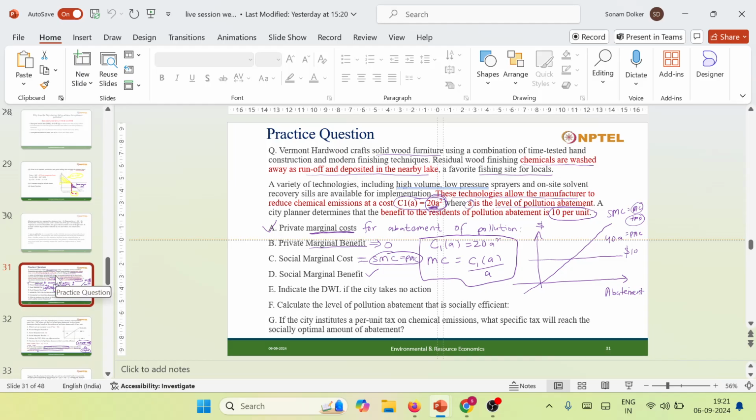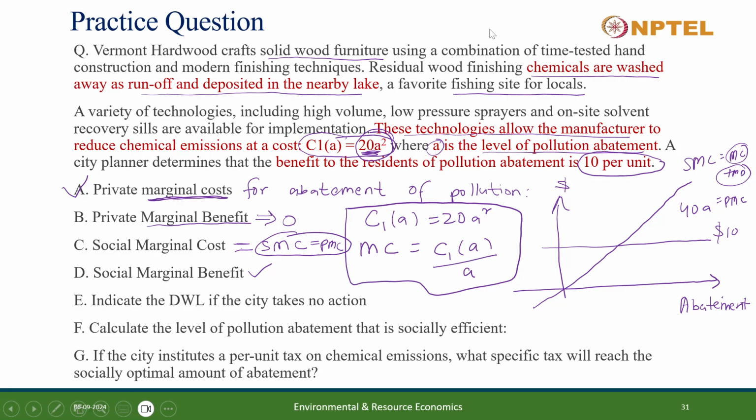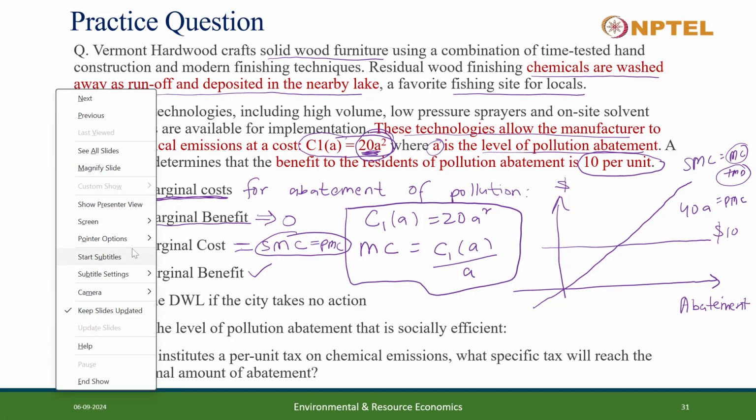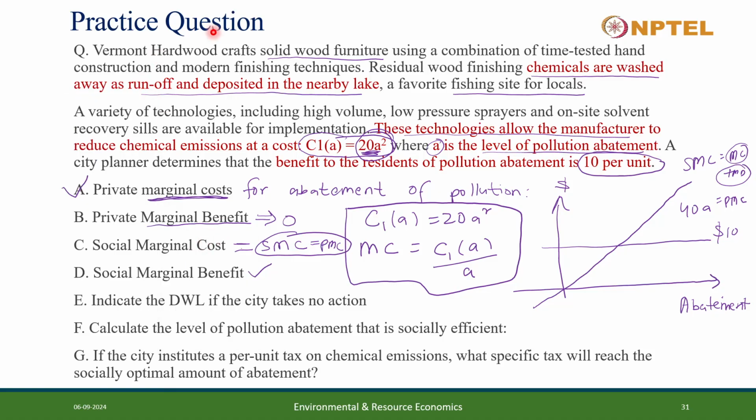Then after this, we solved one question. In this case, there is a furniture company, and they produce some chemical waste which is deposited in the river. The river is also a fishing site for locals.